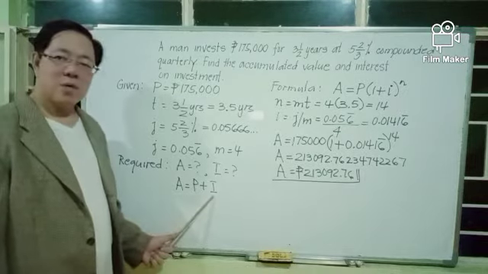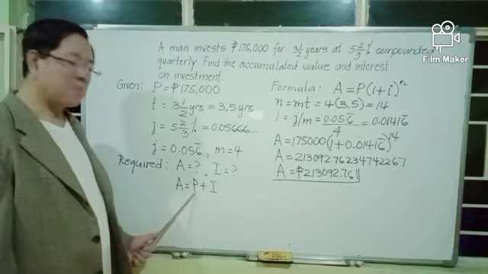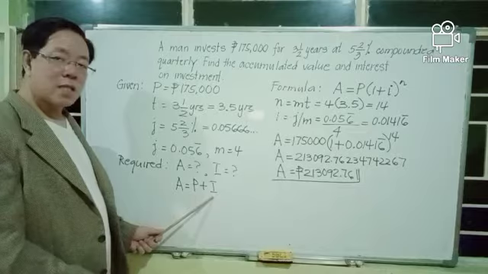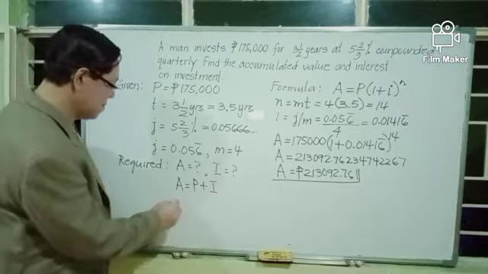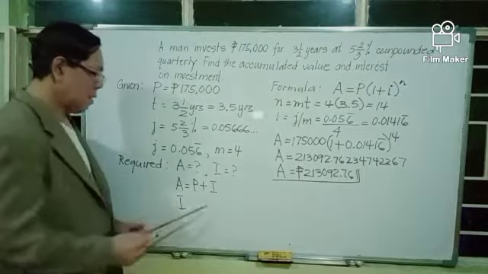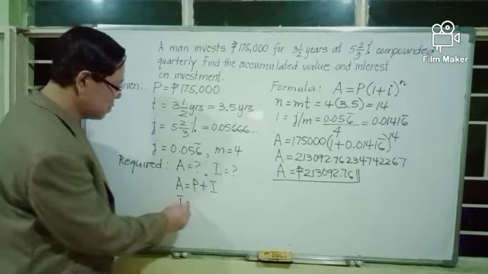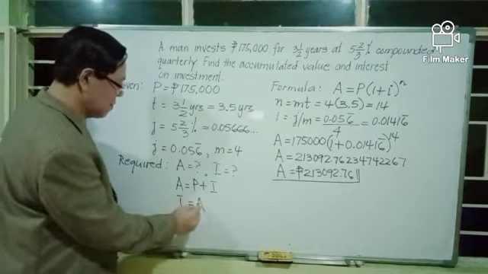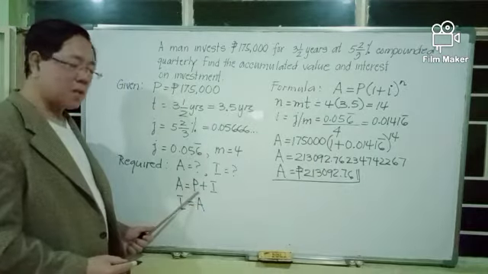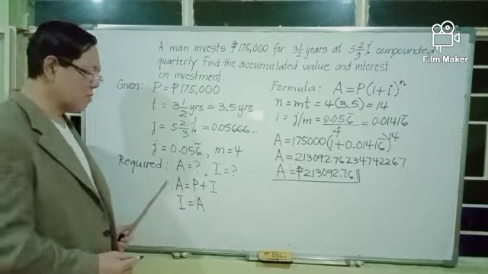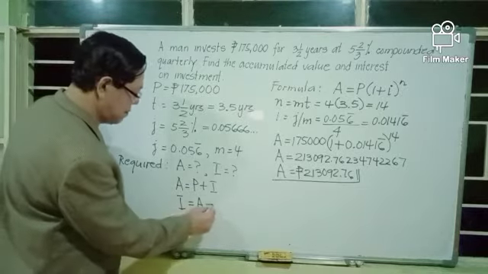To find the amount of interest capital I, we transpose P to the left-hand side. At the right-hand side, we have I. Amount of interest equals A, accumulated value, and transpose P to the left. We take the opposite side of P from positive, it becomes negative.